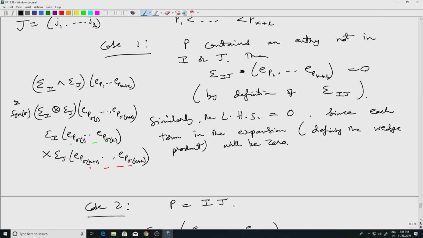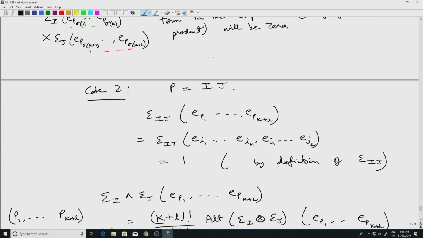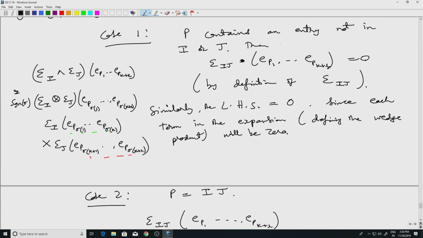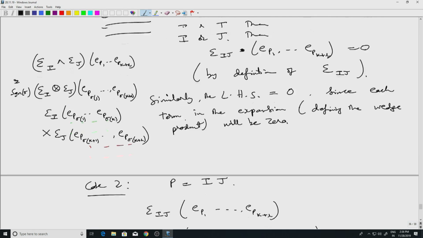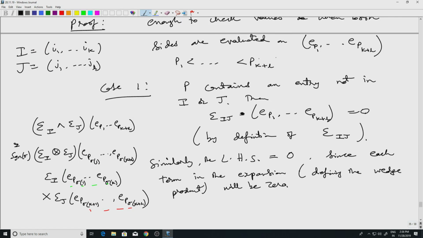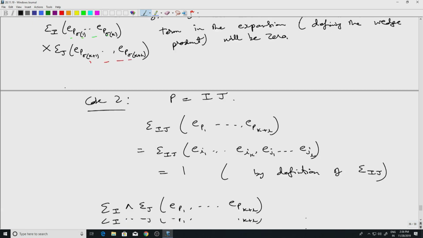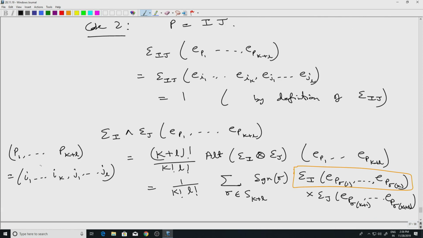And this concatenation, well, there are two cases. The first case: P contains an entry not in I or J. In this case, it turned out both sides are 0. The second case looks rather special, where P contains the entries of the index set such that together they make up exactly IJ.